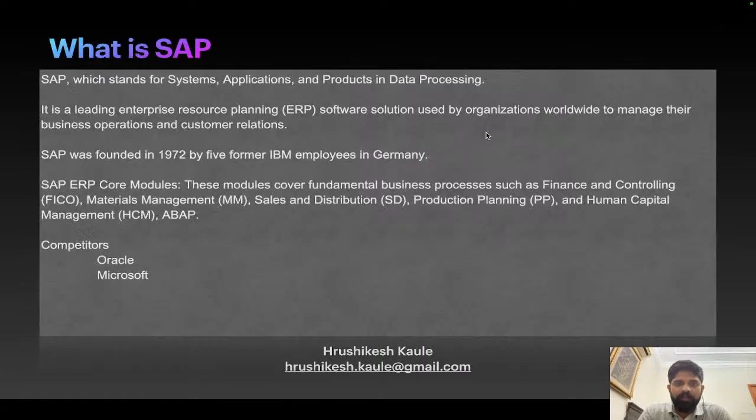Then I will go to the next slide. What is SAP? For anyone who doesn't know about SAP, it's a leading enterprise resource planning, ERP, software. It's German-based, founded in 1972. This software has multiple modules; the ERP is subdivided into different modules.